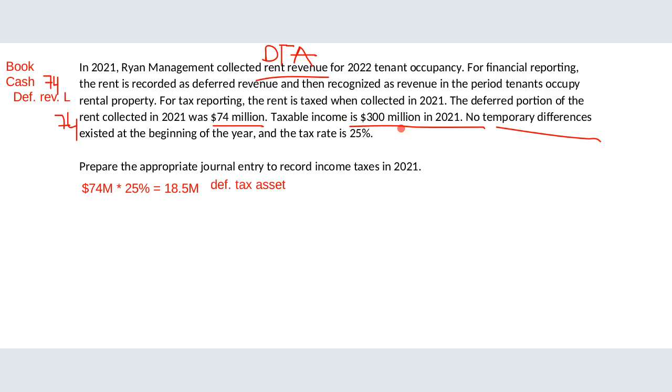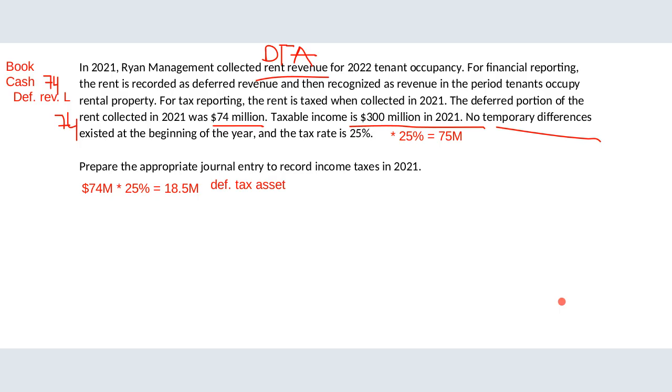Okay, and then we have to calculate our income tax payable, which is the 300 million multiplied by 25%. So we have 75 million as our actual amount due to the government. So we're going to say income tax expense XXX. We don't know that yet.